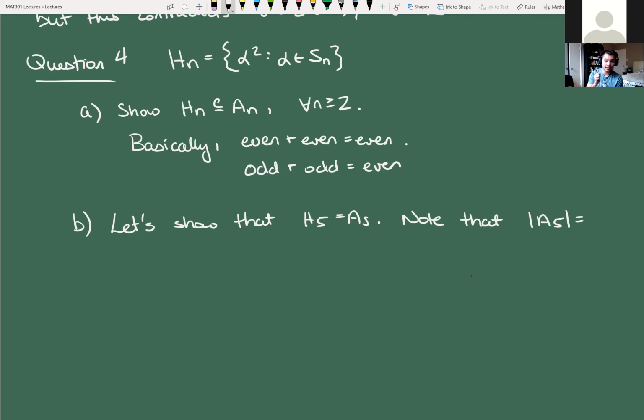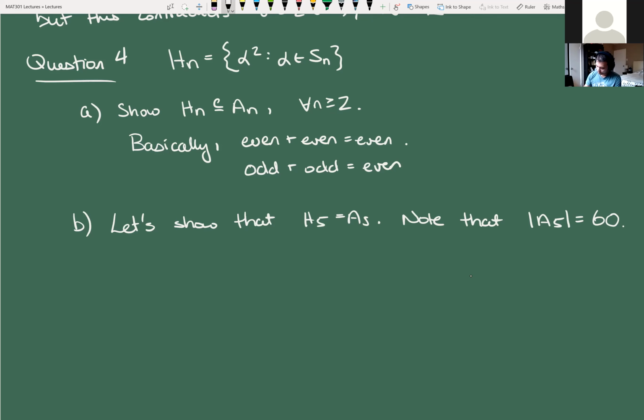But A5 is only the even permutations. So we get exactly 5 factorial divided by 2, which is, anyone know? 60, right? So if we know that H5 is a subset of A5, if we can show that H5 has 60 elements in it, they must be equal.